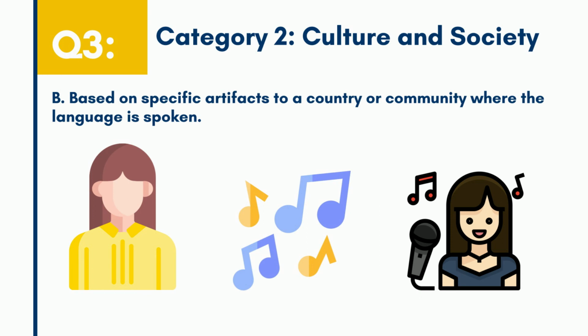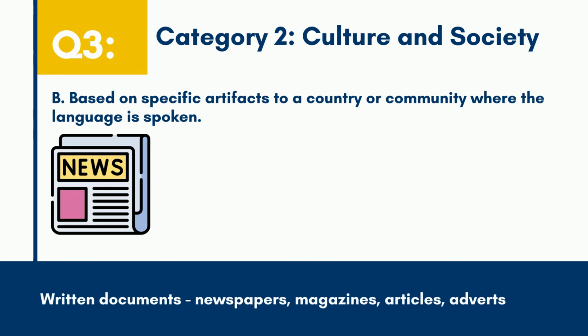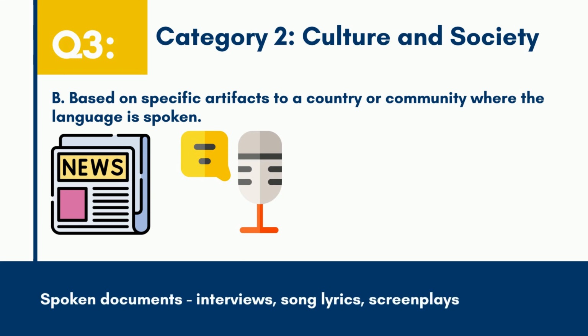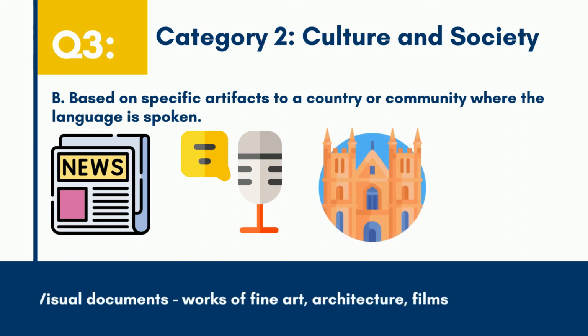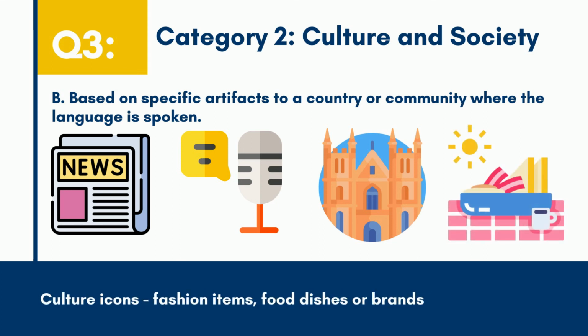To research these topics, you need to use cultural artifacts. These artifacts can be written documents such as newspapers, magazines, articles, adverts, spoken documents such as interviews, song lyrics, screenplays, visual documents such as works of fine art, architecture, and cultural icons such as fashion items, food dishes, or brands.